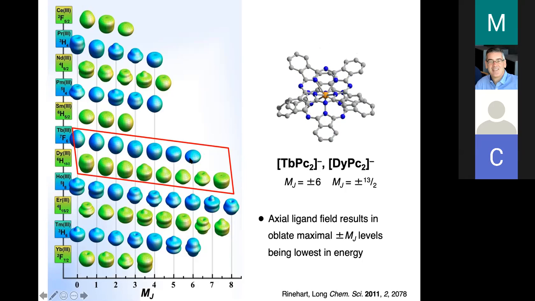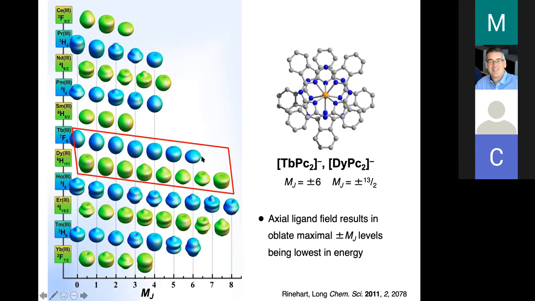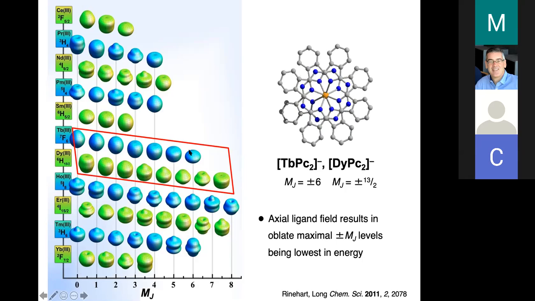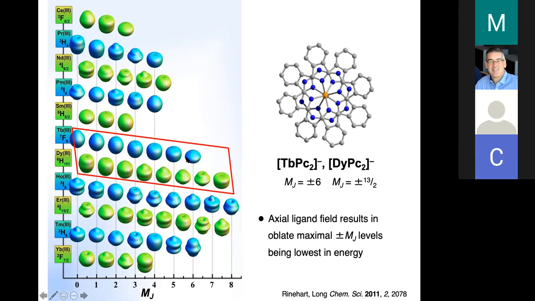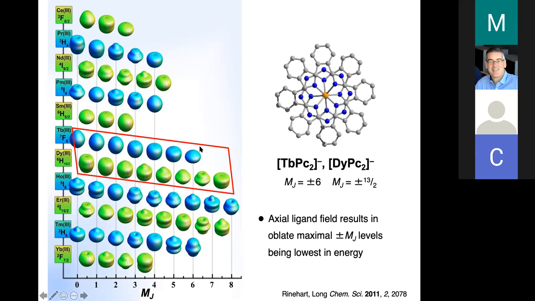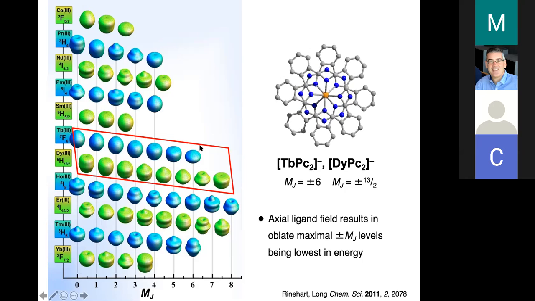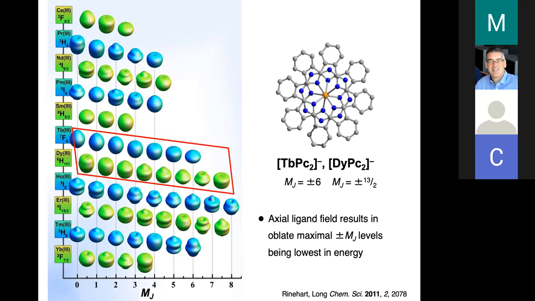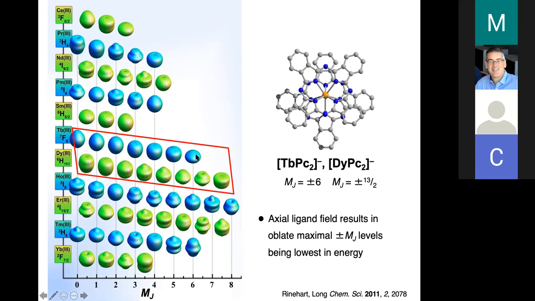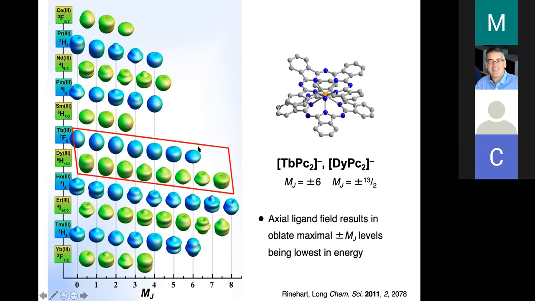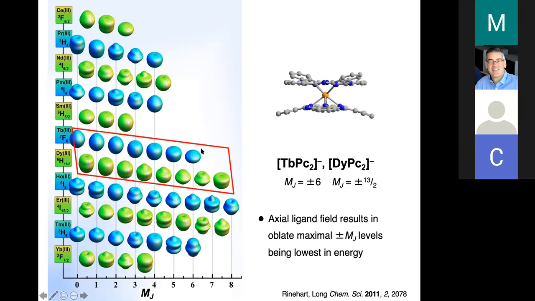And if those F electrons have this sort of distribution, this squashed oblate distribution, then they'll best avoid the electrons of the nitrogen atoms in the ligands. And so that is why this M sub j plus or minus 6 is lower in energy than all of these more prolate distributions for the other M sub j levels, right?